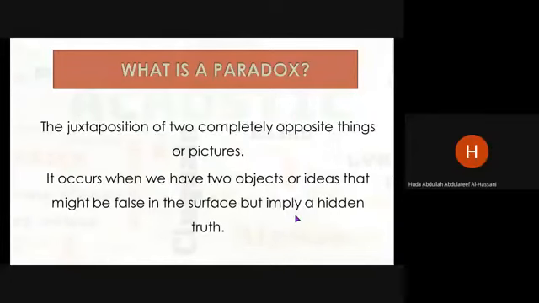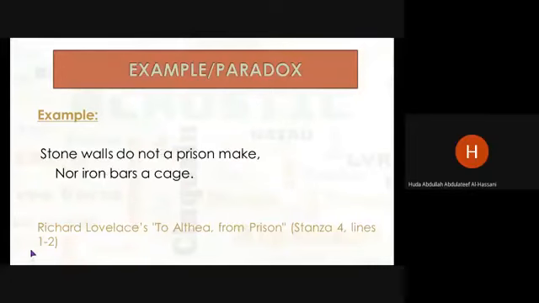For example, we have these two lines from Richard Lovelace's "To Althea, from Prison," stanza 4, lines 1 to 2. "Stone walls do not a prison make, nor iron bars a cage." What do I mean by paradox? We have here stone walls.